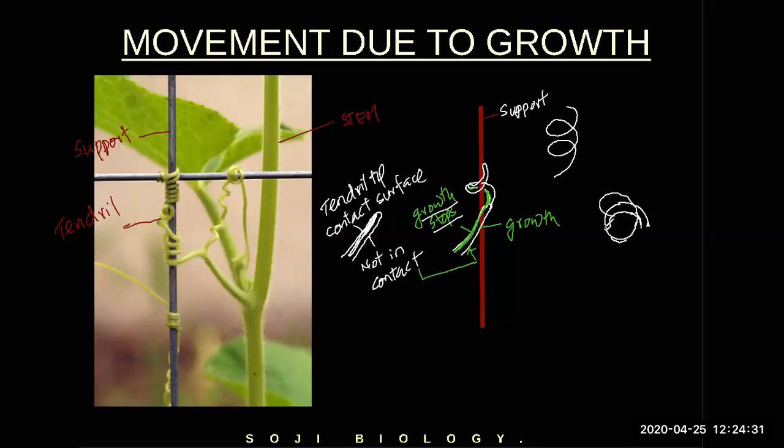That's how here you can see the tendril is looping up. The part which is in contact with the support doesn't grow. The outer part keeps growing, and that helps it to climb up. So this is an example of movement due to growth, and this helps the plant to climb up on any support, any support.